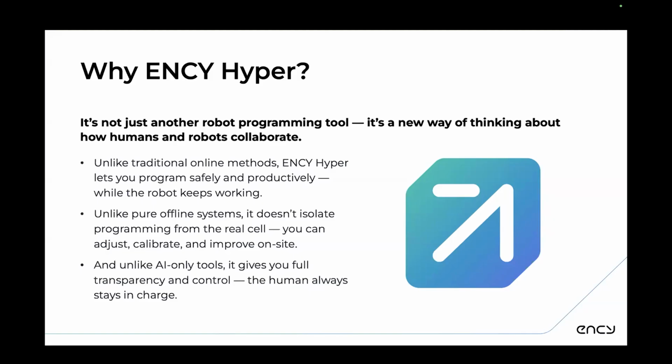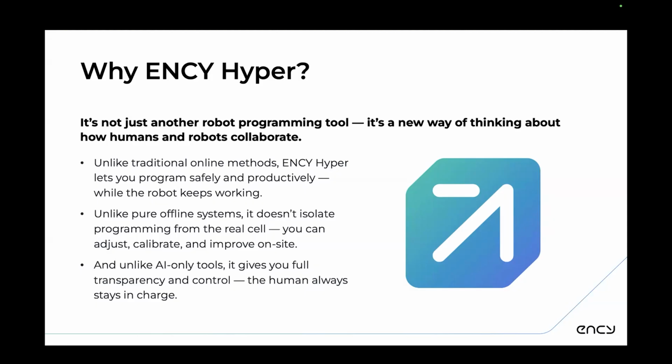That's an impressive result. So what makes ENCY Hyper truly special? It's not just another robot programming tool. It's a new way of thinking about how humans and industrial robots collaborate. Unlike traditional online methods, ENCY Hyper lets you program safely and productively while the robot keeps working.